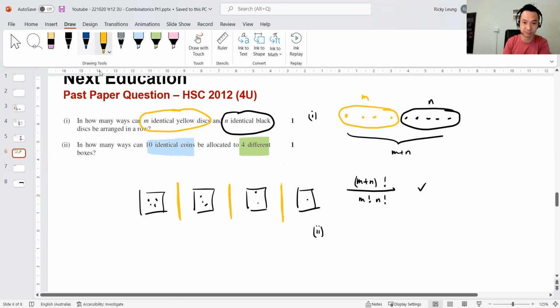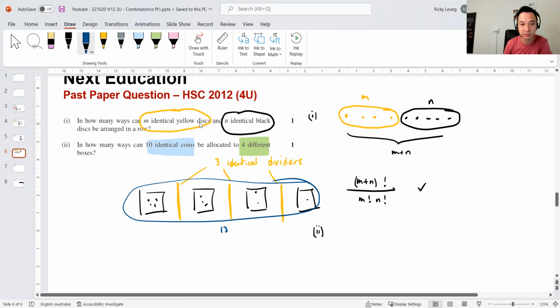What I want you to see is that if you introduce 3 identical dividers, you're now arranging in total 13 items, of which 10 of them are identical coins. So you can go 1, 2, 3, 4, 5, 6, 7, 8, 9, 10, or in any other combinations.